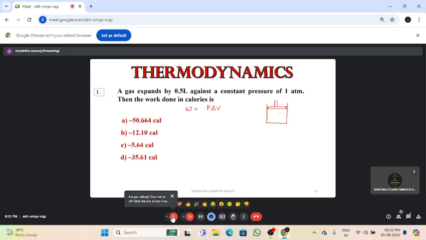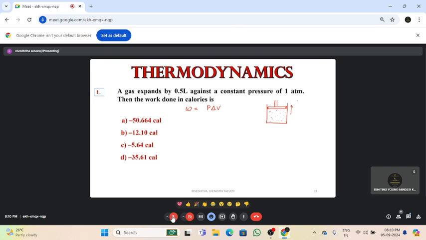Inside the cylinder, I have a gaseous system. If the gas expands, then who's doing the work? The gaseous molecules present inside the container are pushing the piston upwards. So work is done by the system.